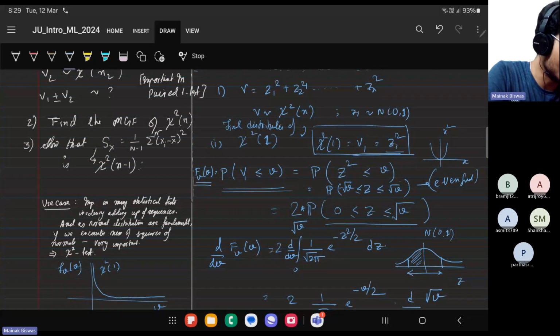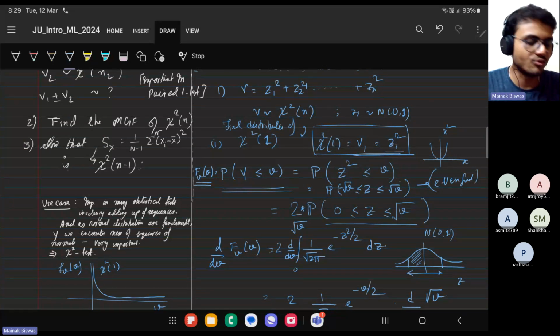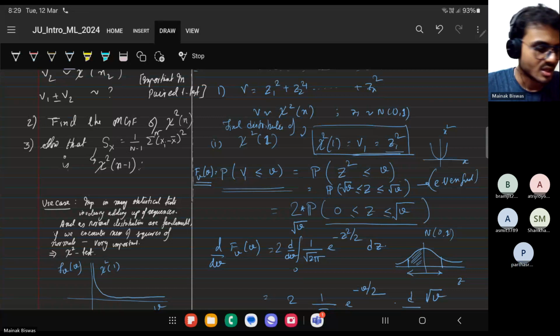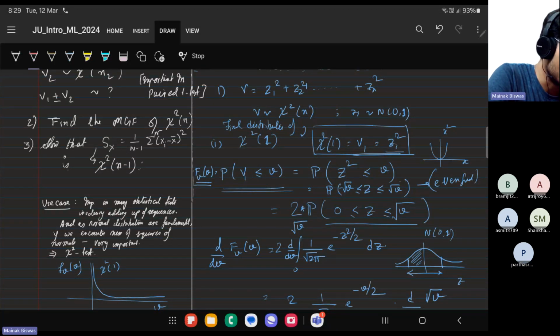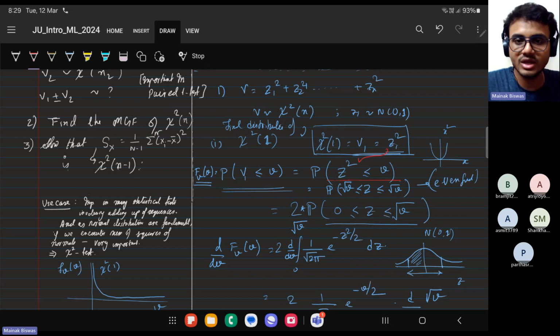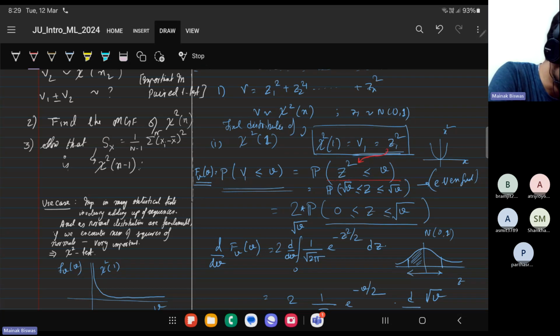The distribution is the CDF. The CDF of V is the probability that V is less than or equal to v, from the definition. So I wrote Z square less than or equal to v, because I don't know V's distribution, but I know Z's distribution. That's why I replaced V by Z.